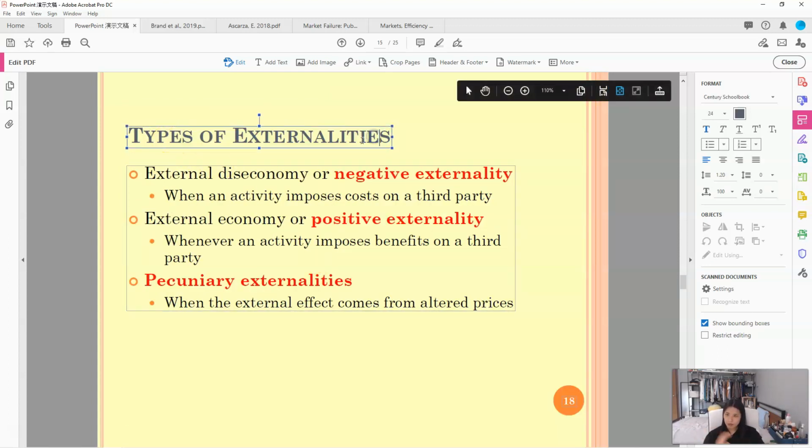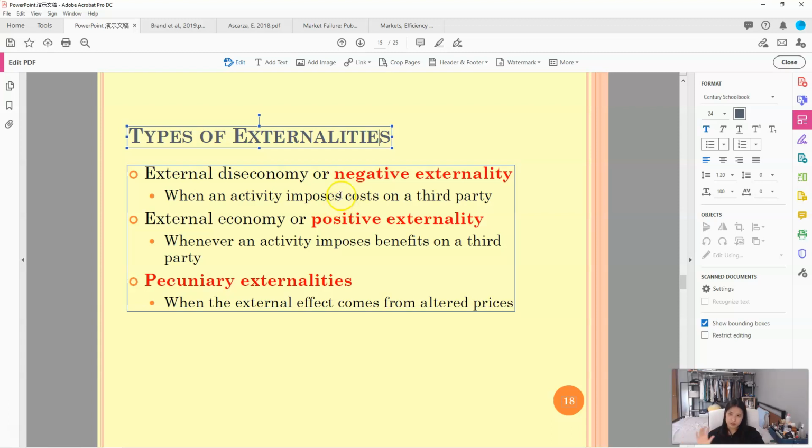Here are three types of externalities. The first one is the negative externality, when the activity imposes costs on a third party. The second is the positive externality, whenever an activity imposes benefits on a third party. The first two are very simple to understand, right?